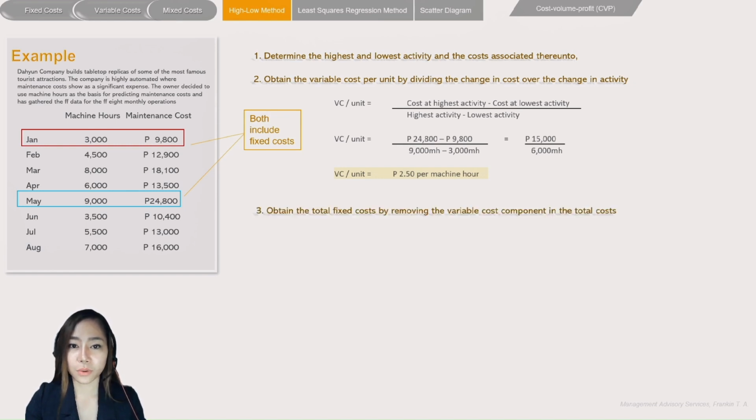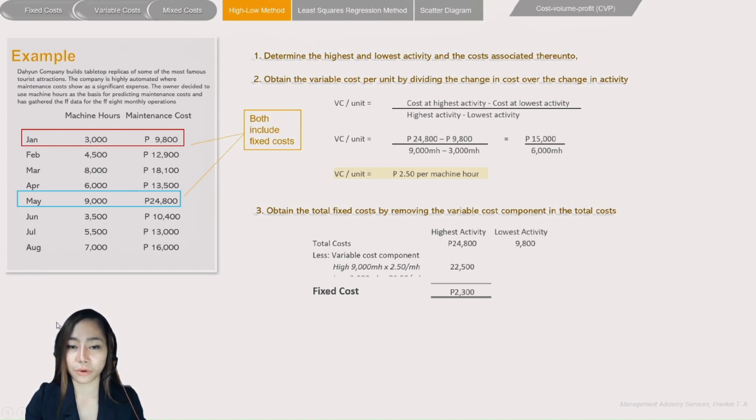Next, you obtain the total fixed cost by removing the variable cost component from the total cost. Either you use your highest or lowest activity, whichever you prefer, the result is still the same. Let's try the highest. Total cost, 24,800, minus the variable cost component, which you calculate by multiplying the activity, 9,000, by the variable cost per unit, 2.5, and then we get 2,300.